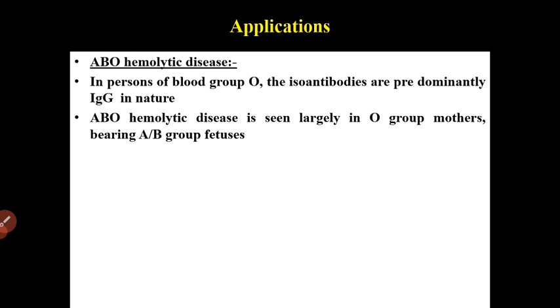Now, ABO hemolytic disease, as we understood, is largely seen in the O group mothers. Now, what happens? It may also occur even in the firstborn without prior immunization.